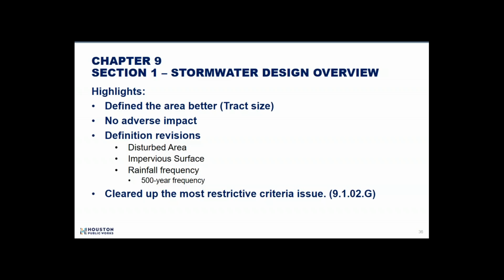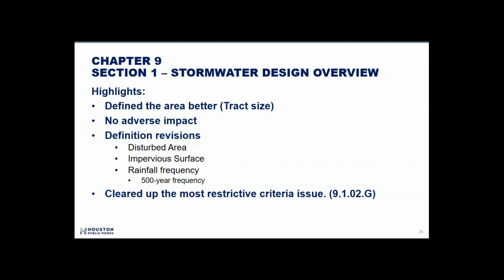So speaking of that, the county pretty much concentrates on tract size. Tract size is important because it should define the criteria that you should follow, not the area that you're impacting. And there's a big distinction between those two items. So we've added some clarity there.